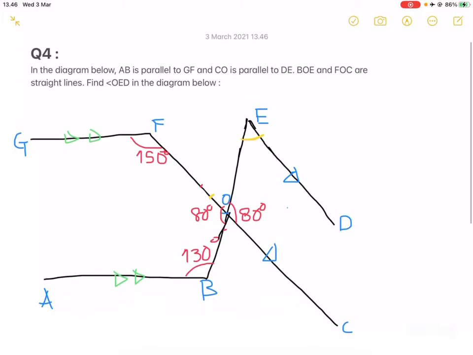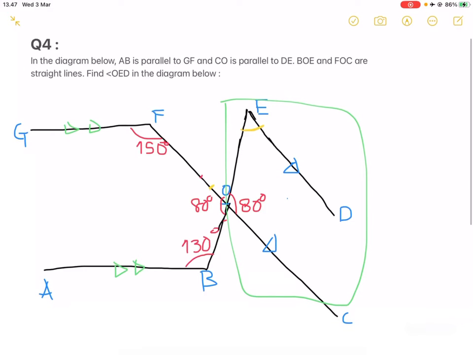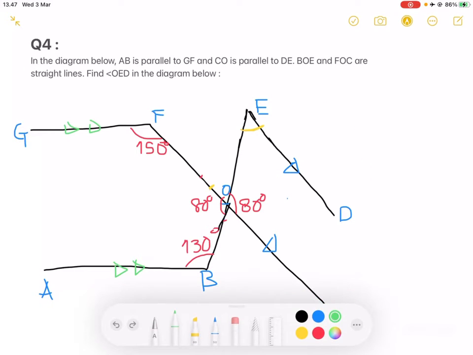And if we look at this segment right here in green, we know that by interior angles, our needed angle right here must be equal to 100 degrees, although it doesn't look like it because this drawing is inaccurate. So our needed angle, which is OED, must be equal to 100 degrees by interior angles, and they must sum up to 180 degrees. So that's the fourth question. Let's jump into the fifth one.